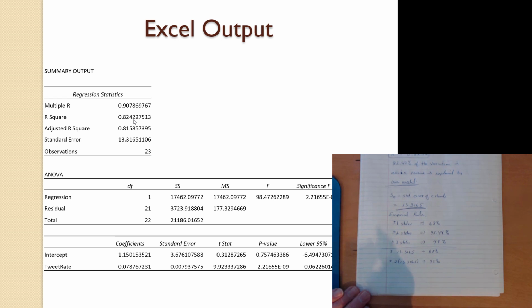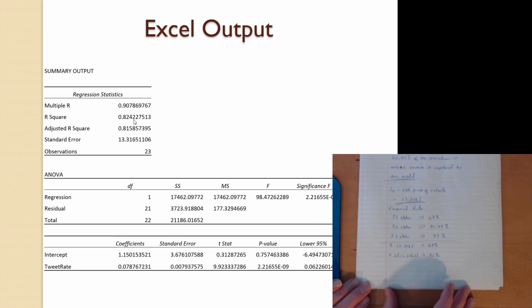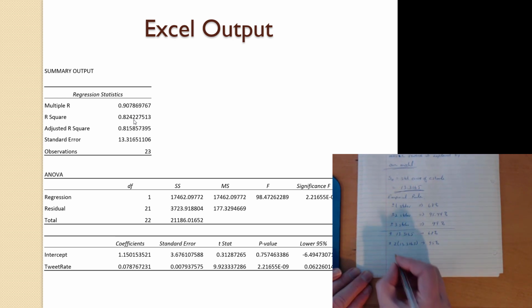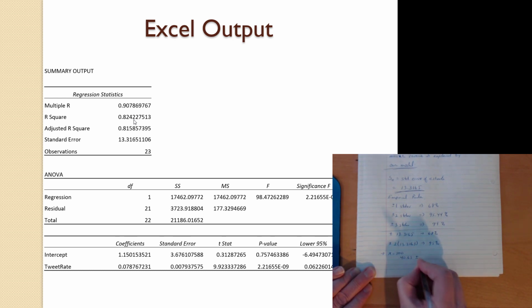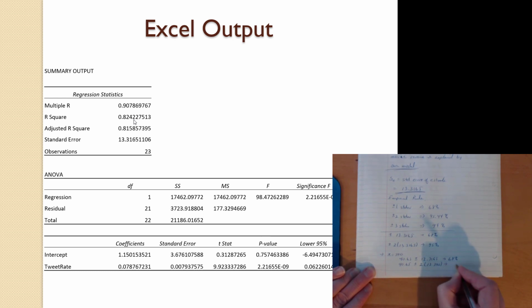So when we think of the context of our $40 million movie, from our previous example where X is equal to 500, our prediction would be 40.65 plus or minus 13.3165, and 68% of the time we'd be in that range. 40.65 plus or minus 2 times 13.3165, and between those two numbers we'd expect to be there about 95% of the time.